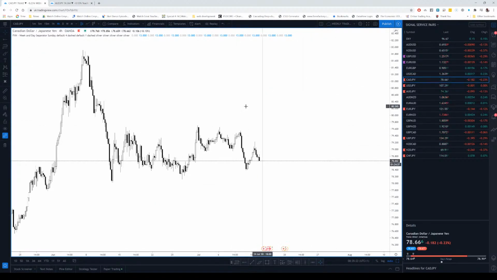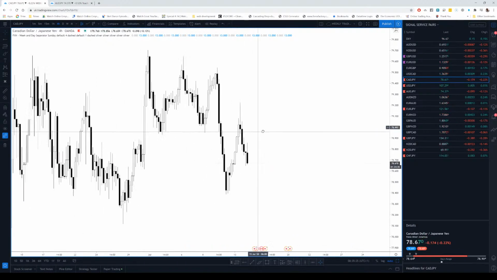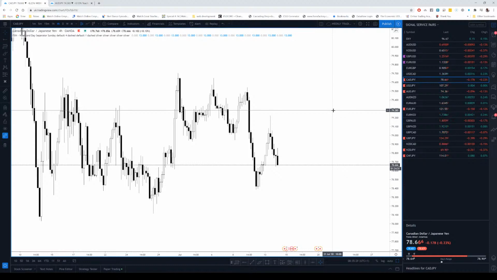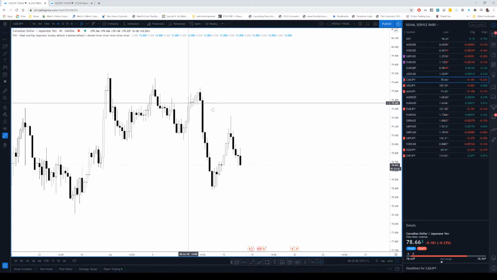I think everyone in my group is short by now. If you're not short, then you didn't listen to my instructions. I gave these out yesterday, that we should look for what? Because price was going up.